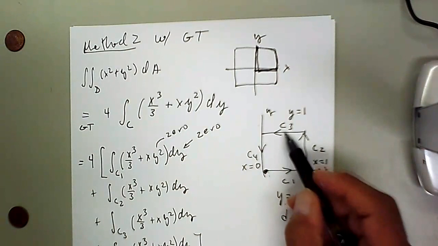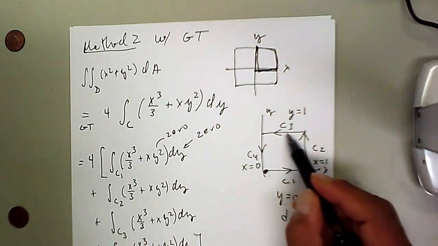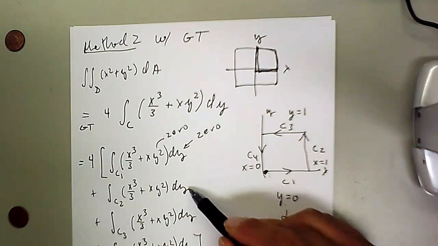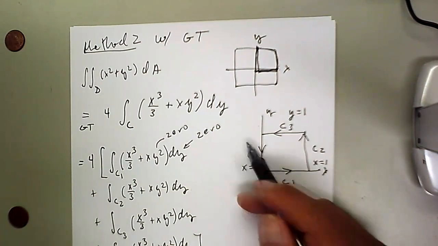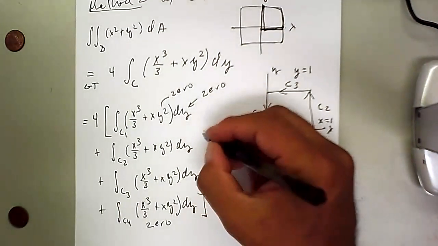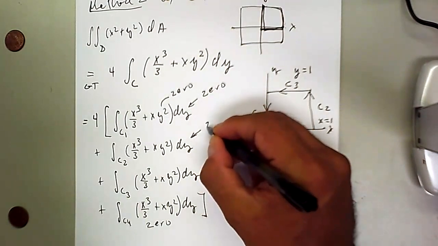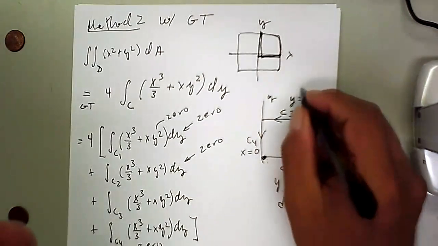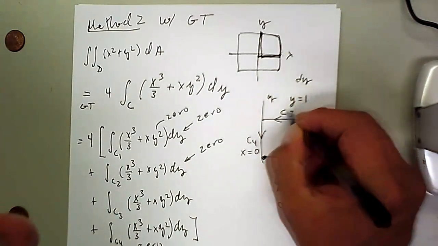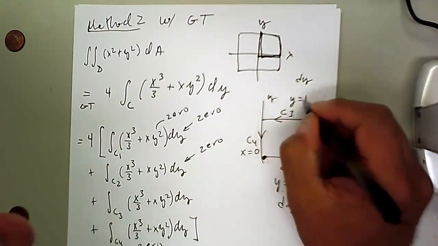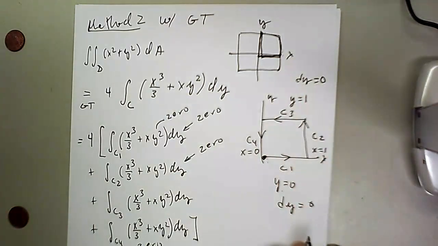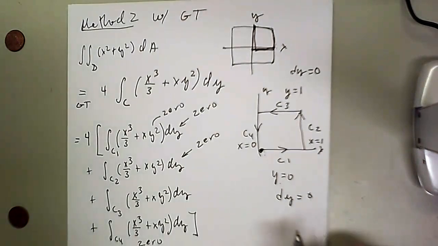But then again, if y is 1, dy is going to be 0. If y is constantly 1 across the whole thing, then dy is going to be 0. There's no increment. So that's going to be 0.